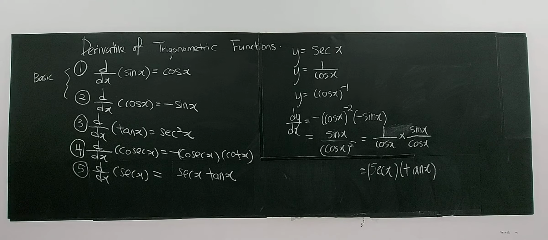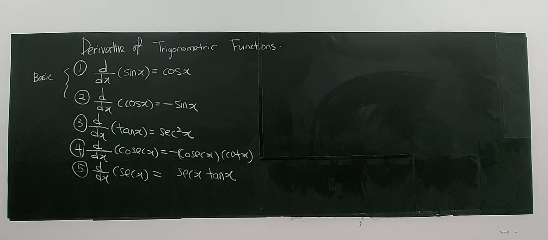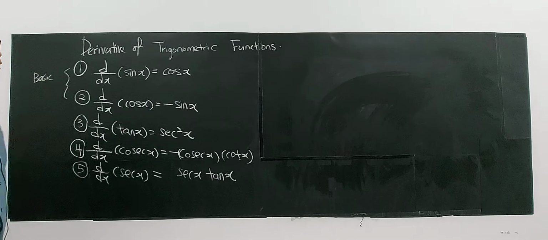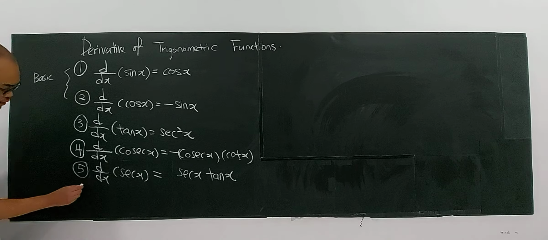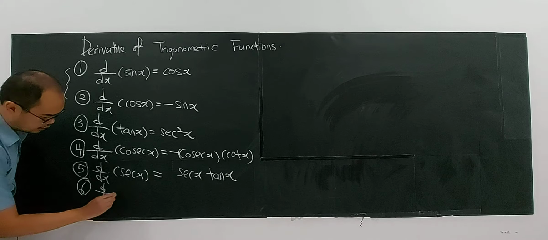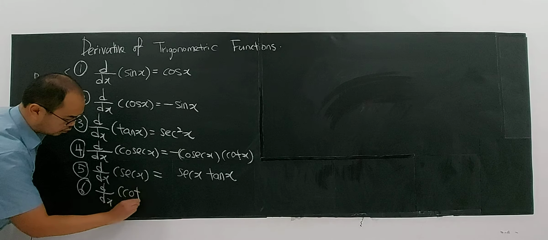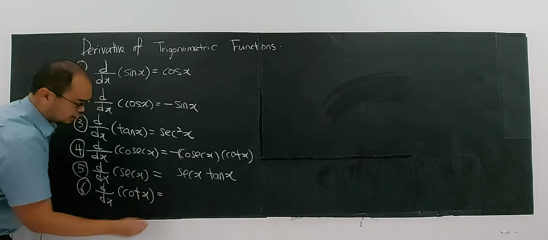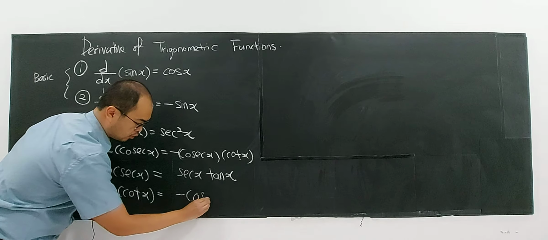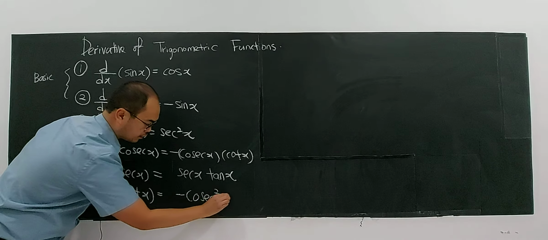So let's go for the last formula, for differentiating cotangent x, alright? Let's look at the last formula for trigonometric functions. So the sixth, if you're differentiating cotangent x, the formula will be negative cosecant square x.